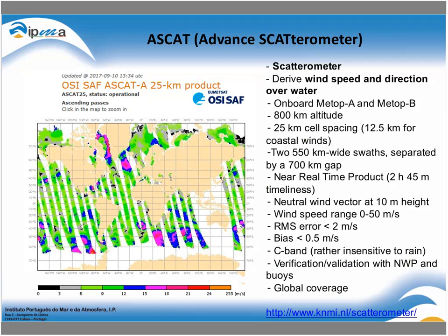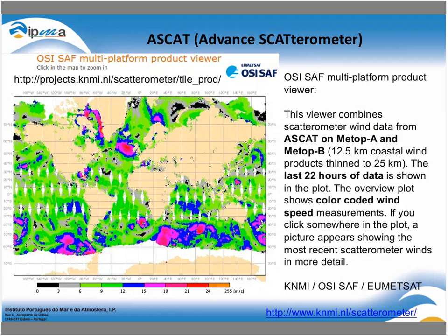You can go to the link of the OSI SAF where you have a multi-platform product viewer, and it combines data from ASCAT from METOP A and METOP B. It has two products, the 25 kilometer resolution and the 12.5, which is the coastal resolution, for the last 22 hours, and you can click anywhere and get the data.